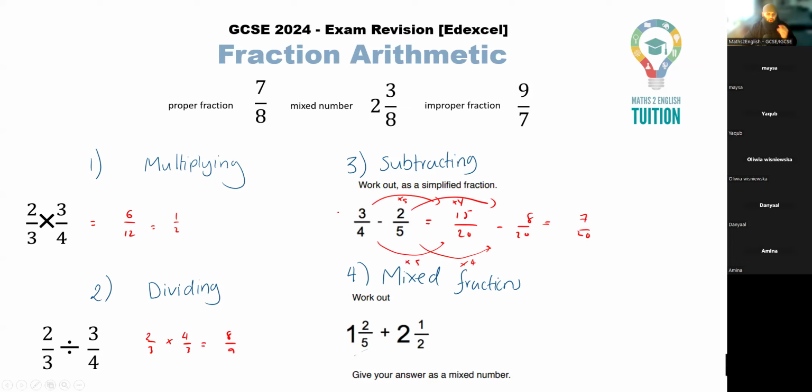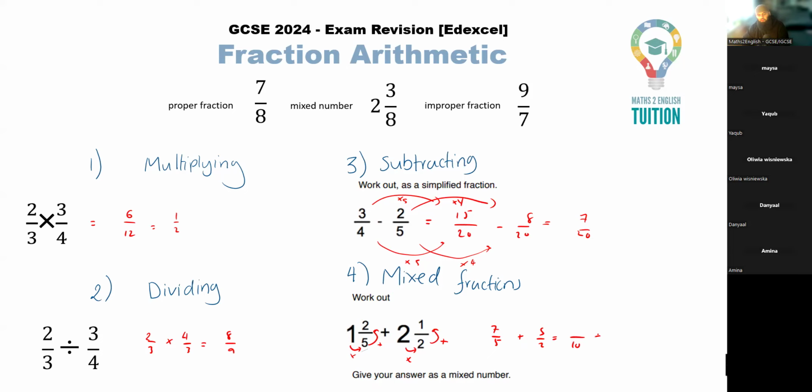All right. So next one over here, mixed fractions. Okay, we can turn them into an improper fraction and then do it, or we can do it straight away. I like to turn them into improper fractions, so we do 1 times 5 plus 2. So 5 plus 2 is 7, 7 over 5. And then we can do the same thing over here, 2 times 2 plus 1, and that's going to give us 5 over 2. Okay, again, we need to make the denominator the same.